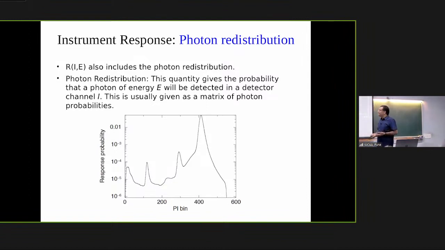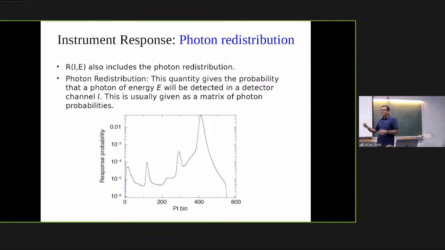What really happens is that, for example, in this particular case, photons from 6 keV are being detected at all different channels, not just a single channel. If all the photons were detected at this channel only, then there would be a delta function, just one line.